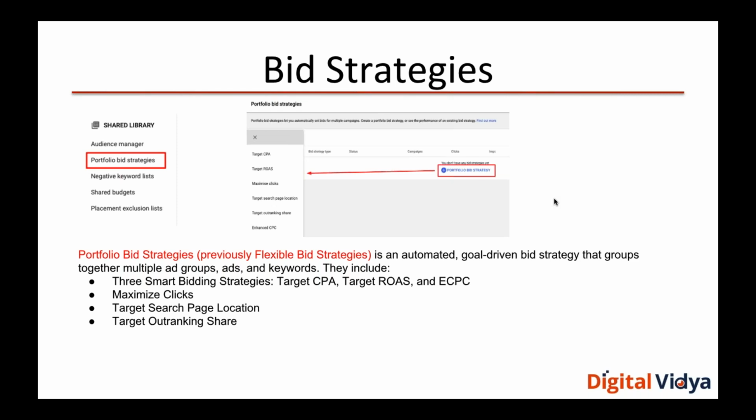In ROAS, you are focused on the actual conversion value that you generate. Are we clear on this? If you go for a target ROAS option, the system will ask you to set a target. Based on what percentage you set, it will try to arrive at bids that can help you achieve the target.